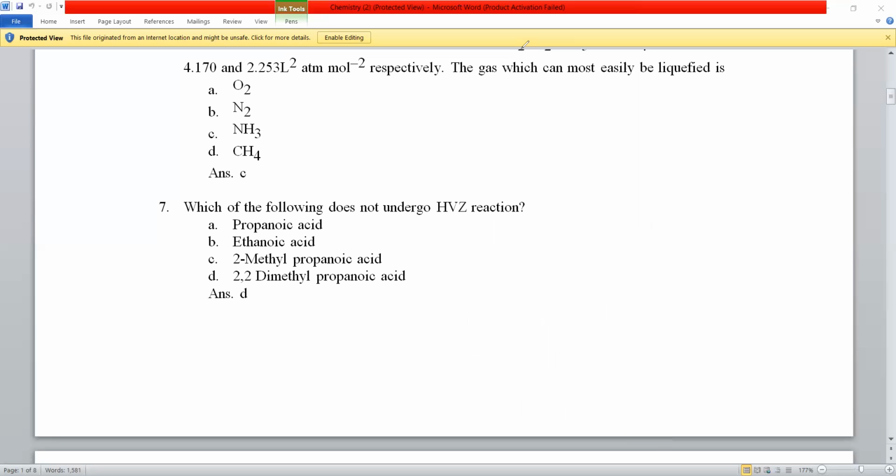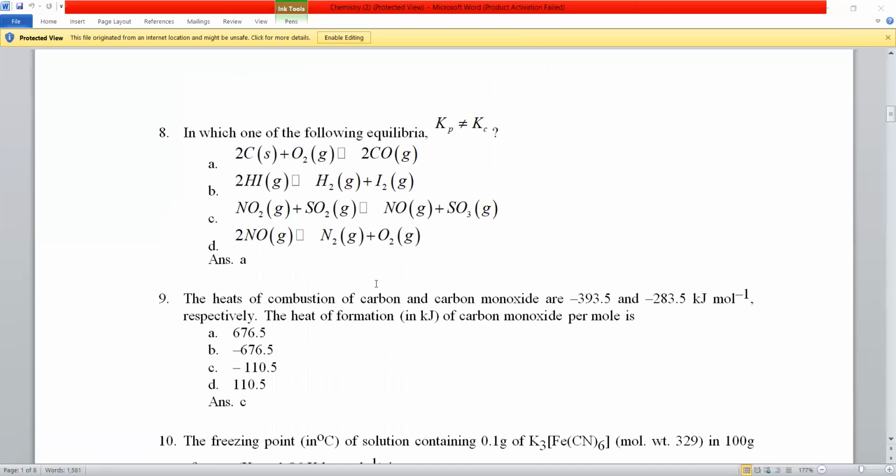Next, question number 8. In which of the following equilibria does Kp not equal Kc? If delta ng is not equal to 0, then Kp is not equal to Kc. Let's check. In the first equilibrium, delta ng equals 2 minus 1, since solid is taken as unity, so we get plus 1.